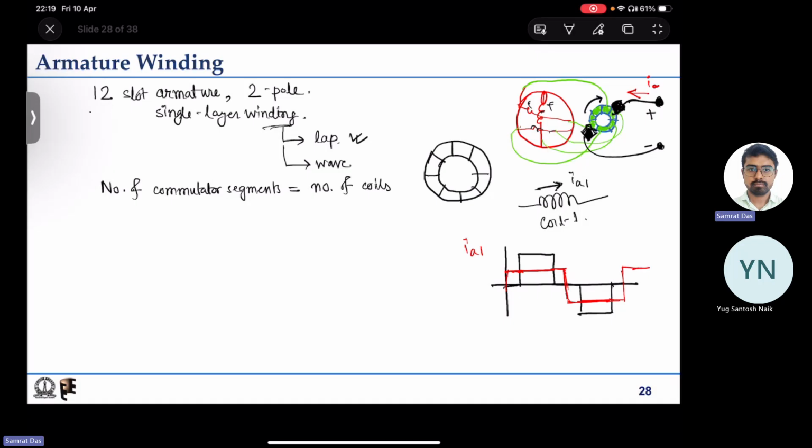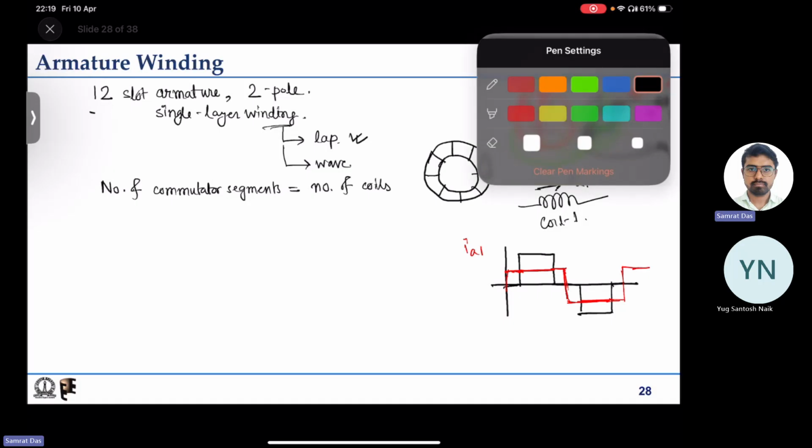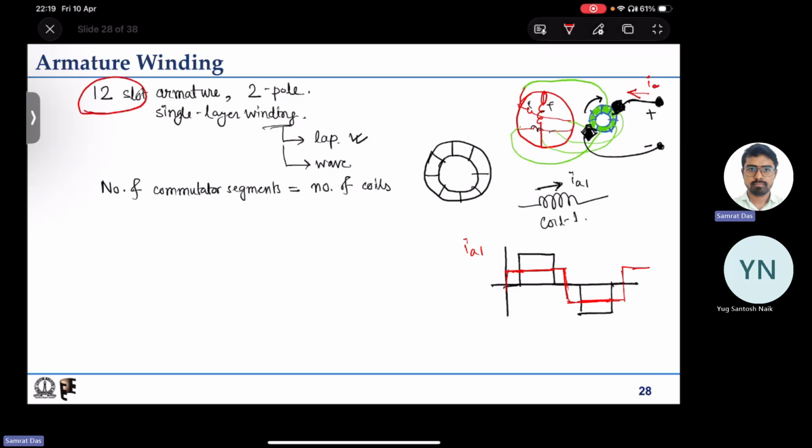It depends on how many slots you are having, and what the winding pattern is, single layer or double layer. If you have single layer, then the number of coil sides is the same as the number of slots.